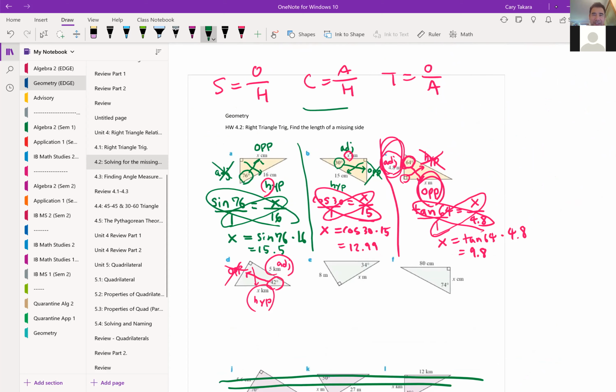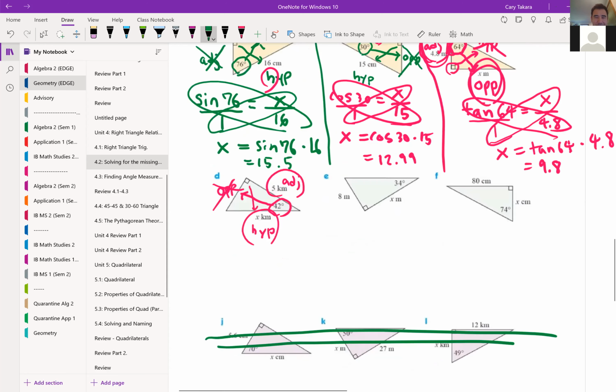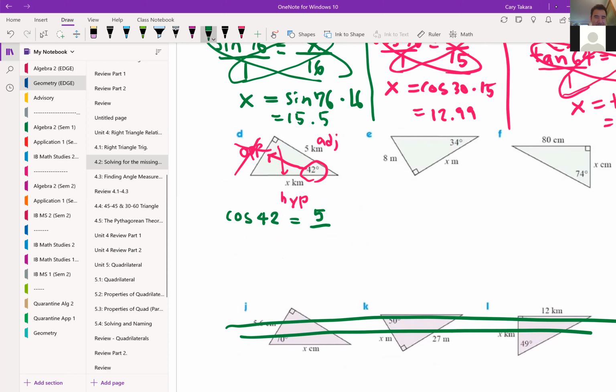Adjacent hypotenuse is cosine, isn't it? So this is a cosine problem, okay? So cosine of 42 equals adjacent over hypotenuse. So it's 5 over x. Now x is in the denominator this time. So if we cross multiply, I'm going to cross multiply the ones that have an x in it.